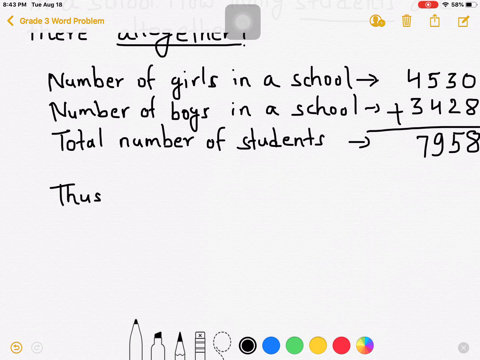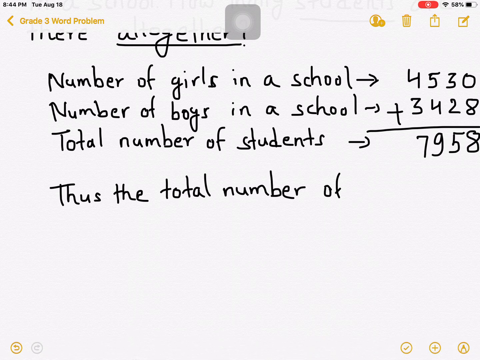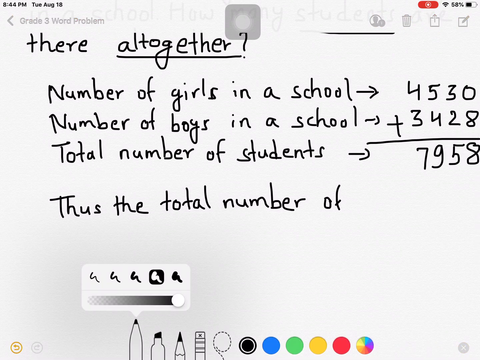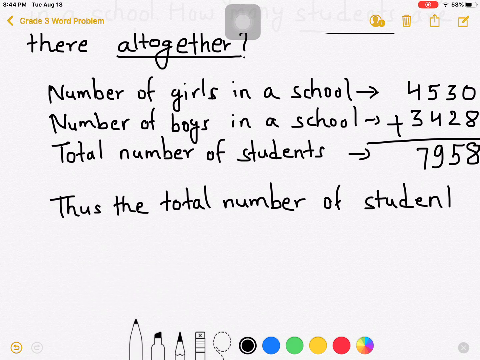Thus, the total number of students in a school is 7,958.